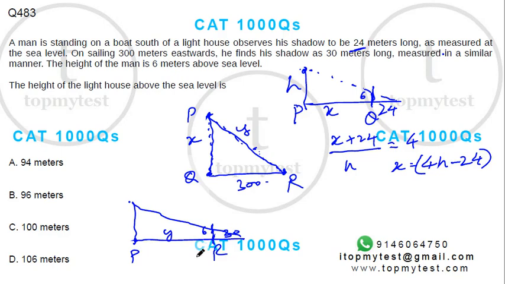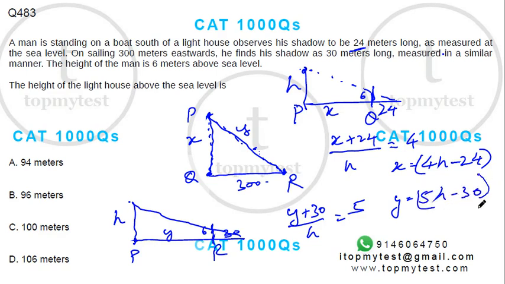So in this case, you'll get Y plus 30 divided by H should be equal to 30 by 6, which is 5. So you get Y equals 5H minus 30.